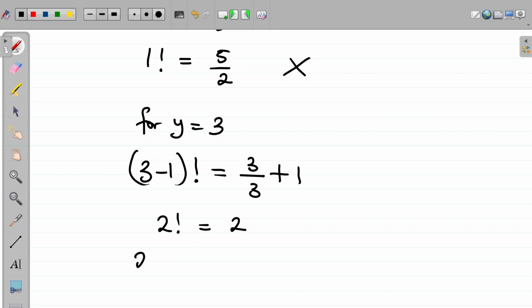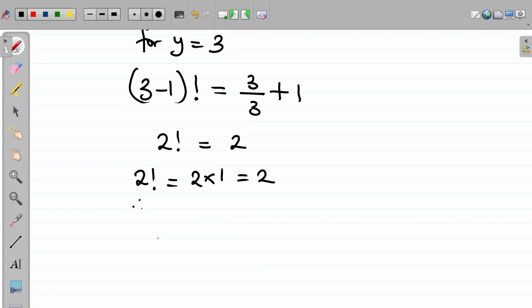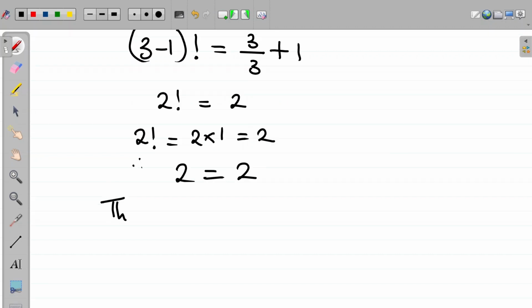So we know that 2 factorial is equal to 2 times 1, which is equal to 2. So therefore, 2 is equal to 2. Thus, y equal to 3 satisfies equation 2.